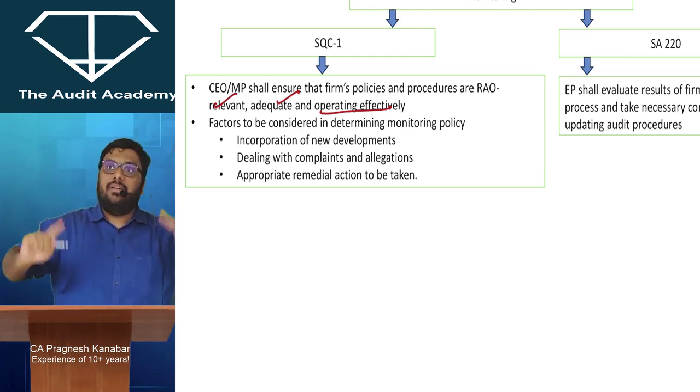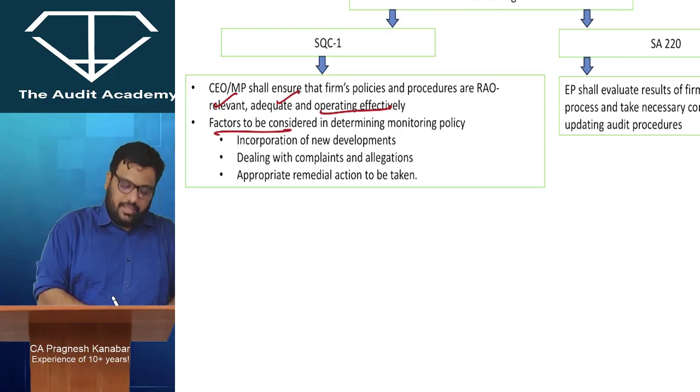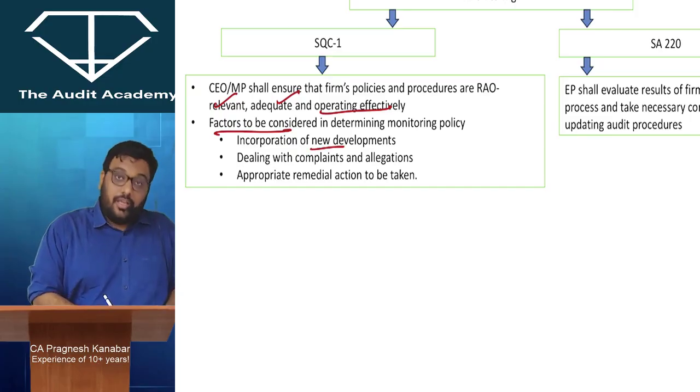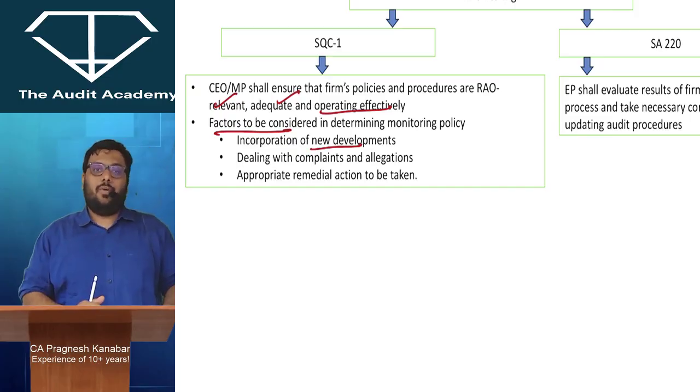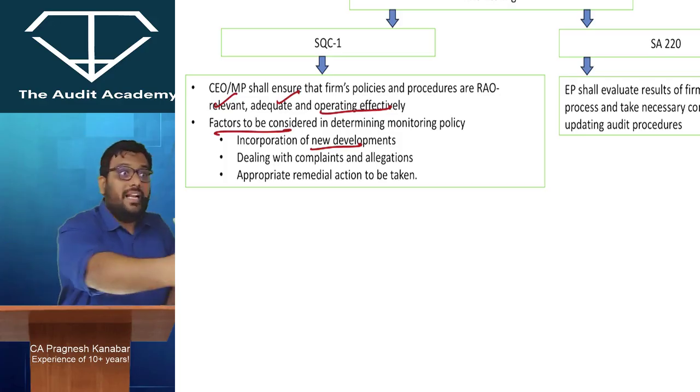And when I am deciding about monitoring, there are certain factors to be considered. Because when I am thinking about monitoring my entire firm's systems, I should be worried about incorporating new developments. What if there is a new standard, new issues and so on? Then I should be thoughtful. Is there any complaint against my firm?